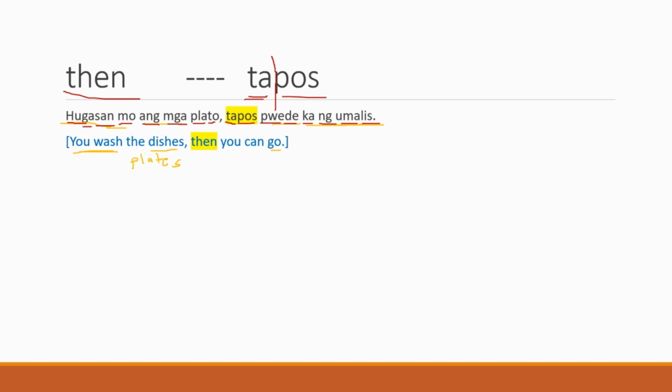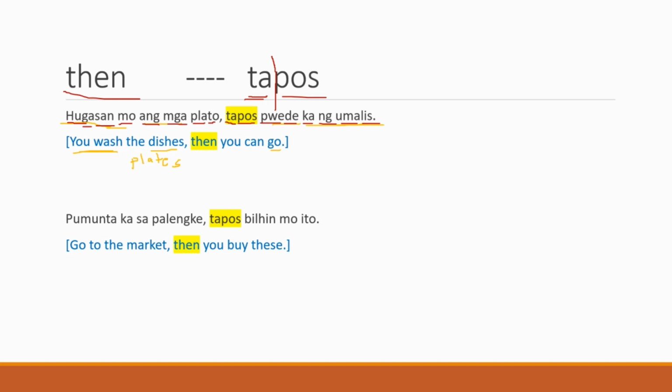Okay, we have here another example, and this is go to the market, then you buy these. Pumunta is go. Sa palengke is to the market.